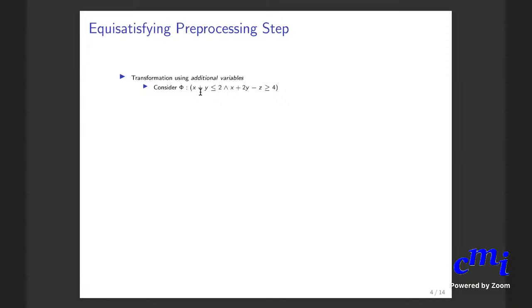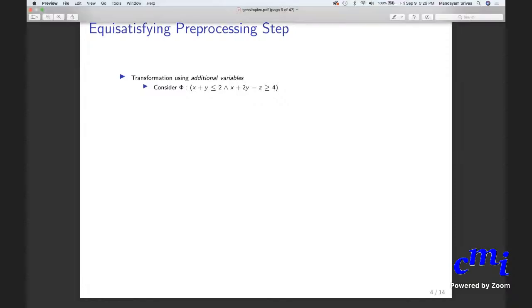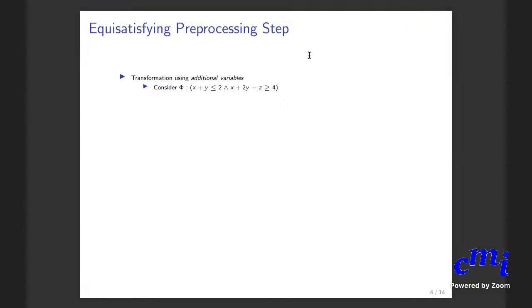In this case, there are two terms, x plus y and x plus 2y minus c. Sometimes these are called slack variables.